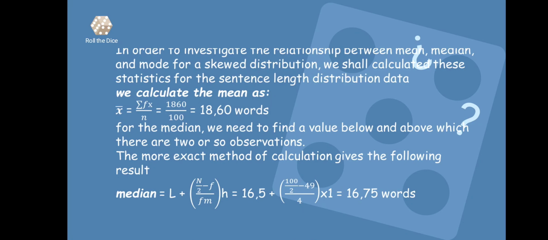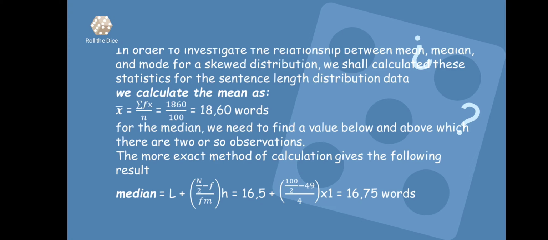In order to investigate the relationship between mean, median, and mode for a given distribution, we shall calculate the statistics for the sentence-length distribution data. We calculate the mean as you can see, here is the formula.